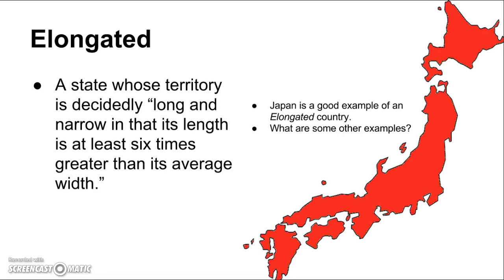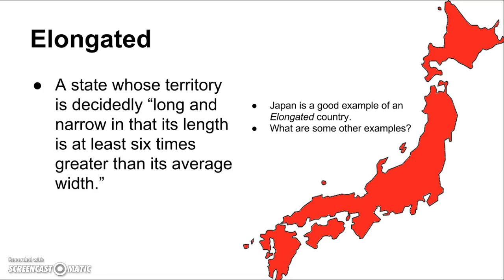So an example would be in Norway, the capital is towards the bottom of the country, so the people at the top have very limited contact with the bottom, and really aren't as influenced by the capital as the people closer to it. So an elongated country kind of makes it more difficult for the political system to be unified.